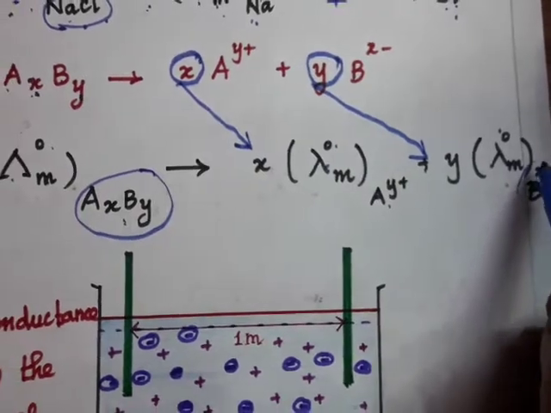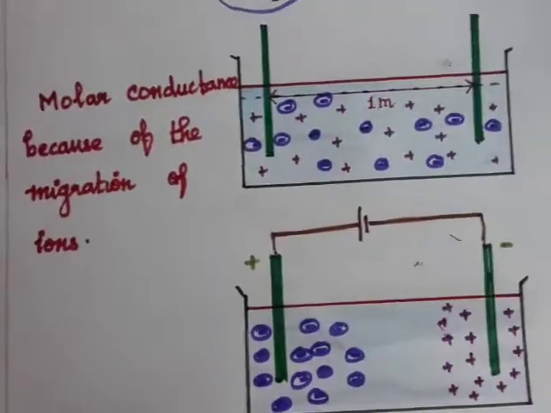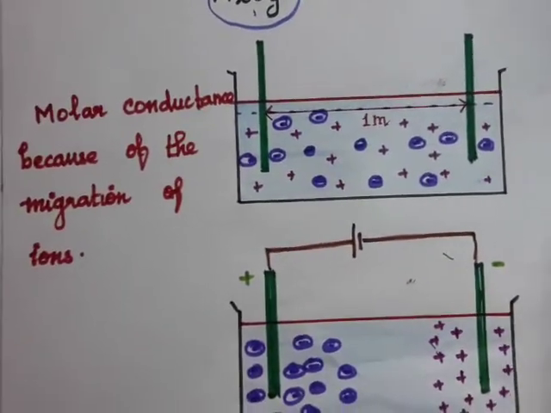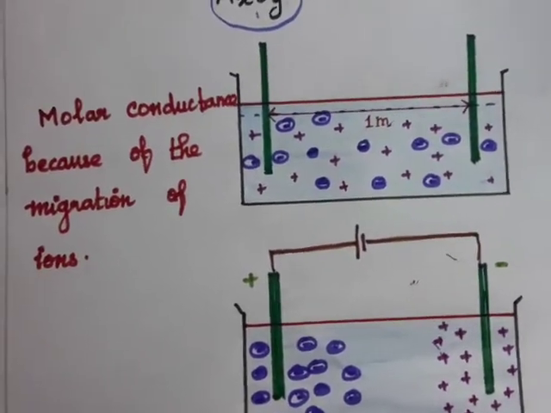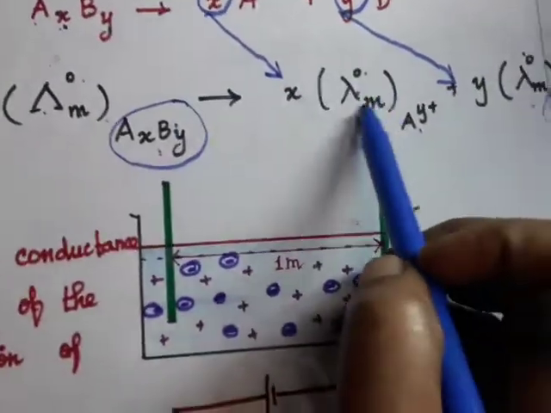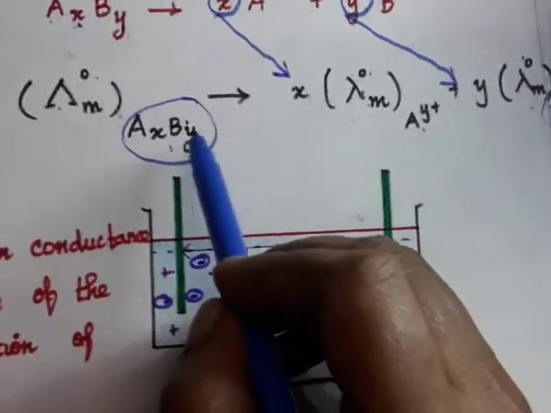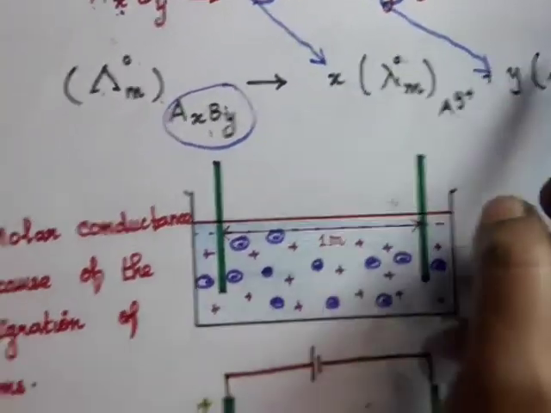Have you understood? Let me go to one reasoning type question. Why does the limiting molar conductance of the electrolyte depend only on its ions?